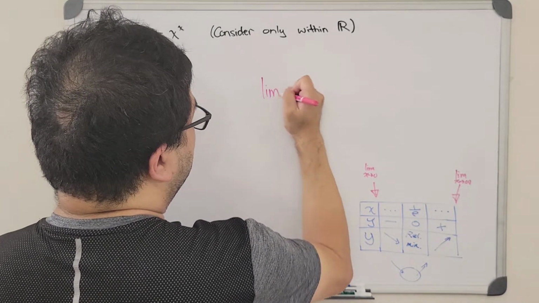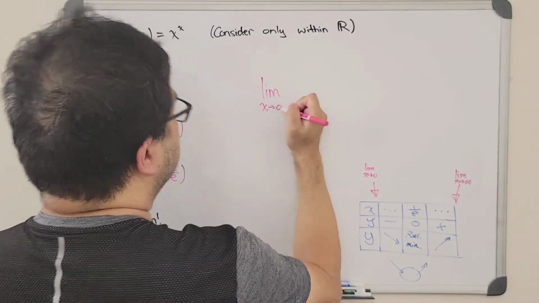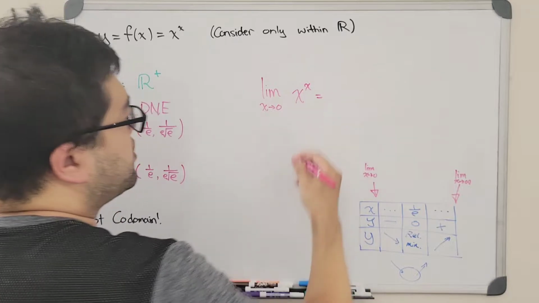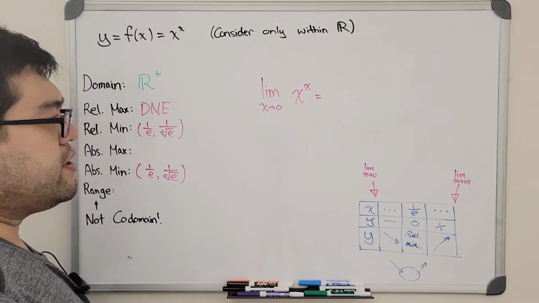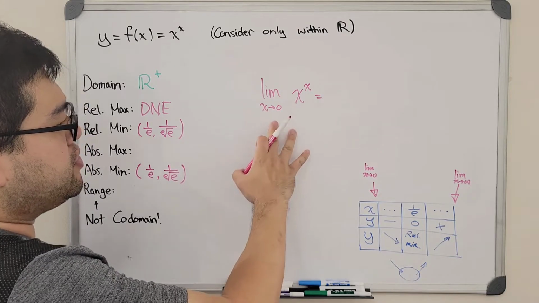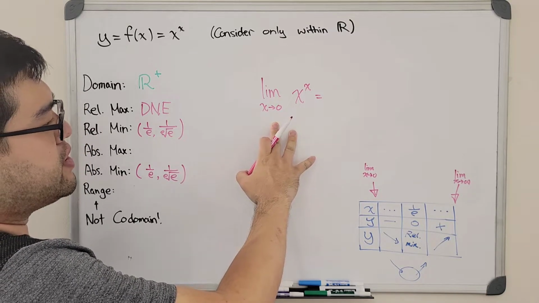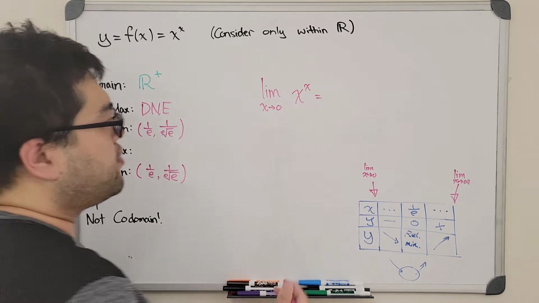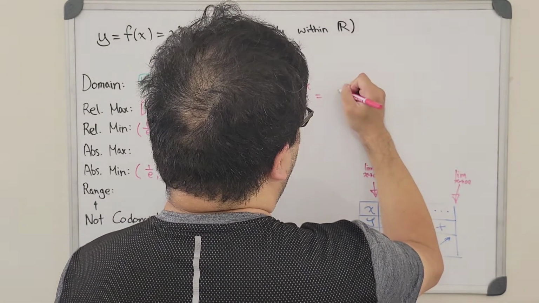So when x approaches 0 for the function x to the x power, in fact, we need to use some kind of graph to explain how we actually get the value, but we will end up with 1.